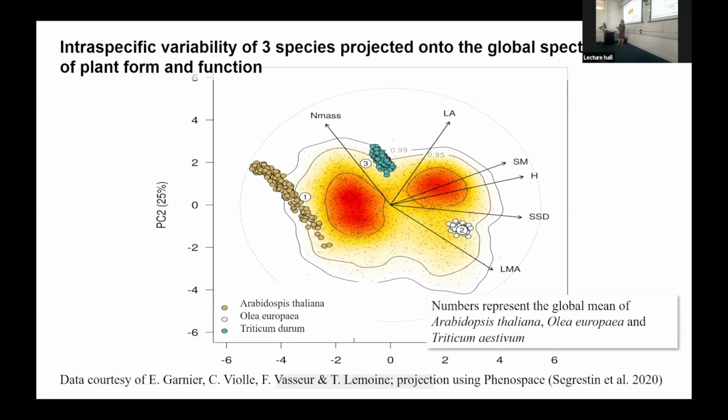But I would argue that the global spectrum, or when we talk about animals would be the same, doesn't deny this intraspecific variability. It just simply states that the global means are still informative.